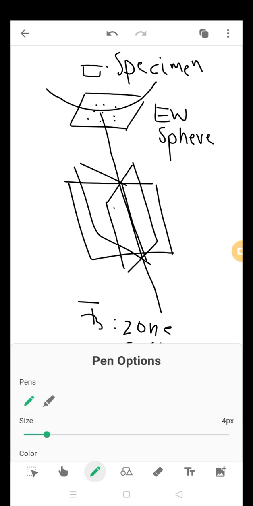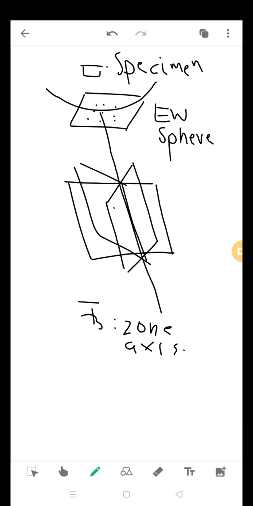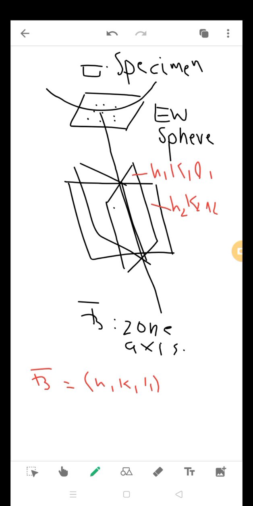Now, if we name one of the planes as H1, K1, L1, and another one as H2, K2, L2, the zone axis is the cross product of H1 K1 L1 and H2 K2 L2.